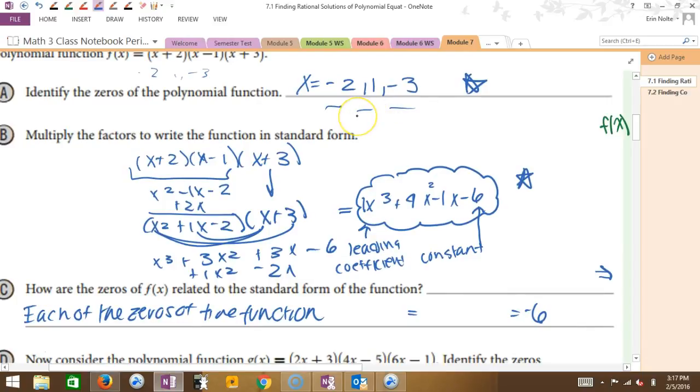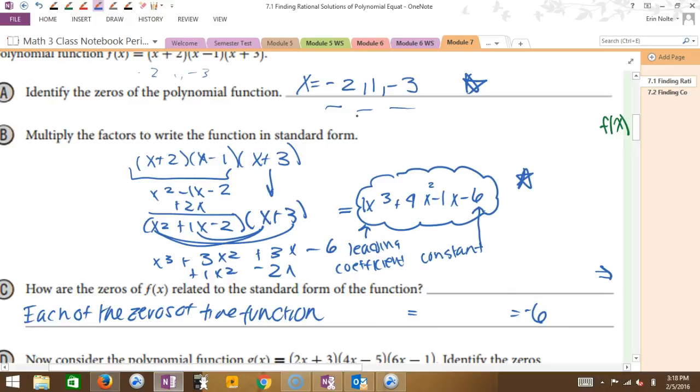X are equal to those. And that is a positive 6. And we have our constant term of a negative 6. I think there's just a little mistake somewhere, but I don't catch it.